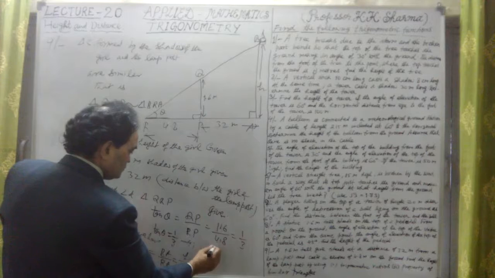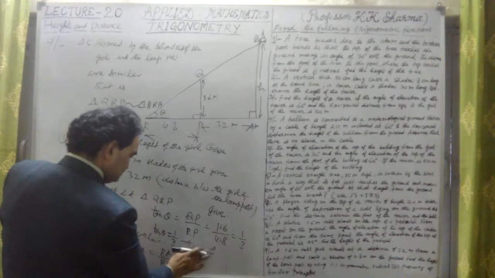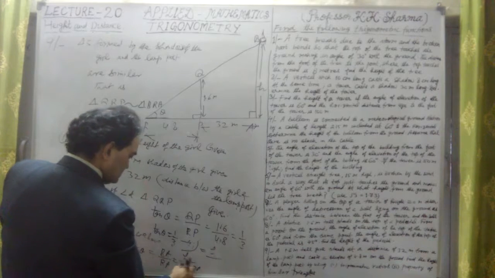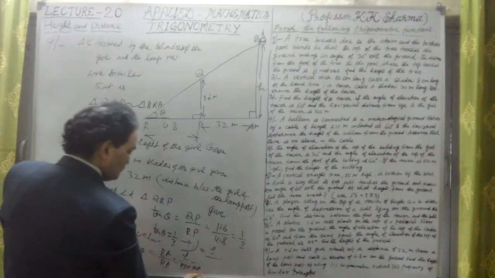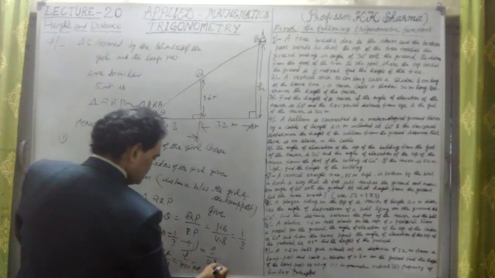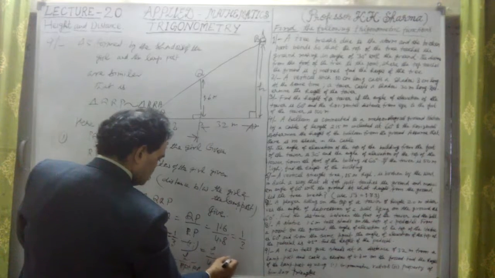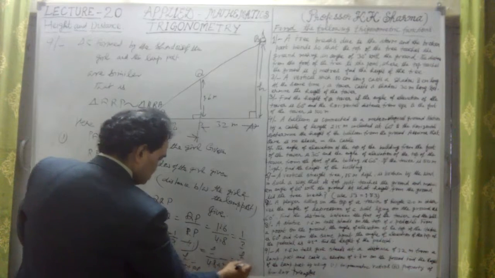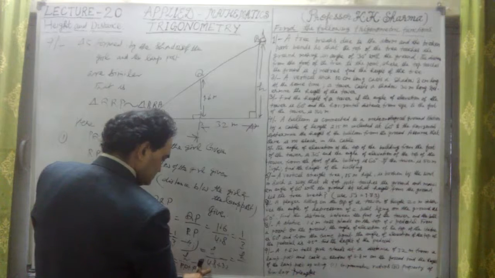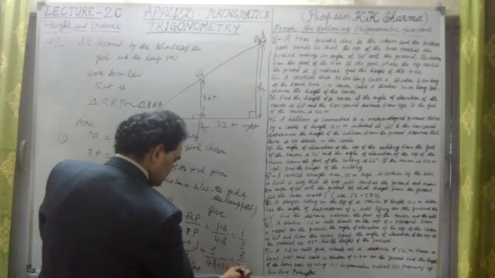So tan theta is equal to H upon 4.8 plus 32, which is H upon 36.8.